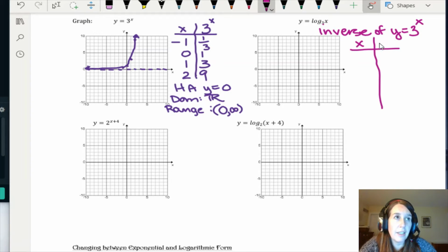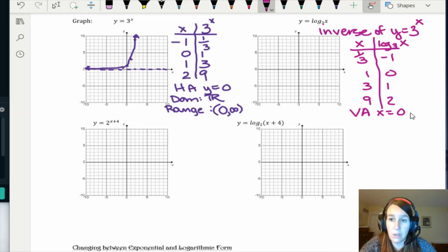This is x, and this is log base 3 of x. Just switch the values. So 1/3, -1; 1, 0; 3, 1; and 9, 2. Then remember, instead of a horizontal asymptote, you're going to have a vertical asymptote at x equals 0.